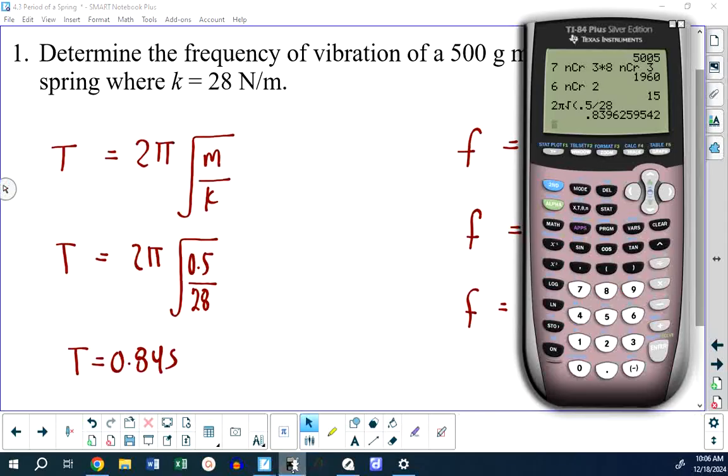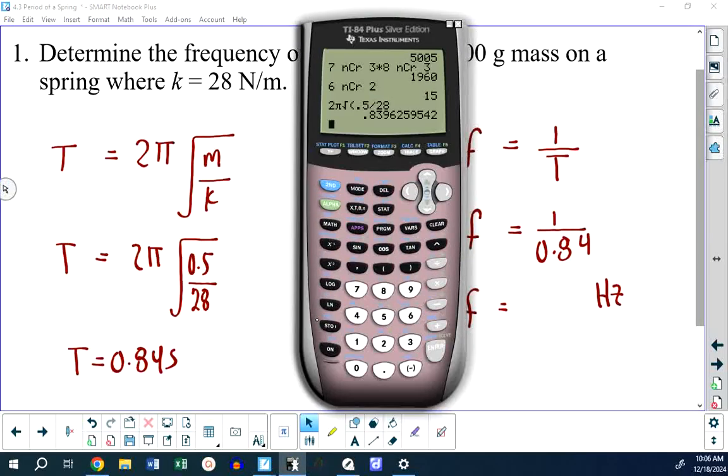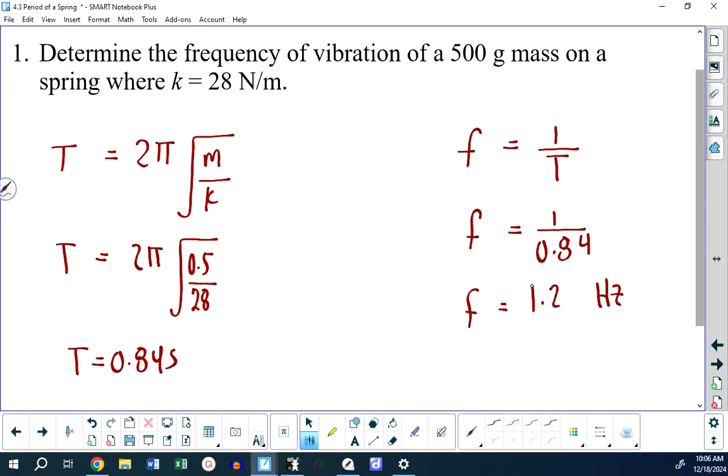It'll be a little over 1. So it's about 1.2 hertz. So it takes 0.84 seconds to oscillate up and down once, and the frequency is approximately 1.2 hertz, which means it goes through 1.2 complete oscillations every 1 second. Pretty basic question. Let's take a look at number 2.